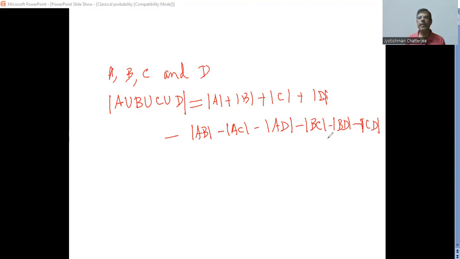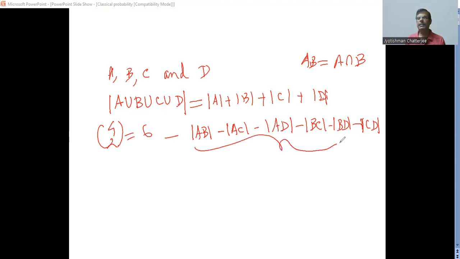By the way, what is AB? AB means A intersection B. And how many of these will be there? There will be 4C2, that is 6. See, there are 6 such things altogether, and the sign of each of them is negative.